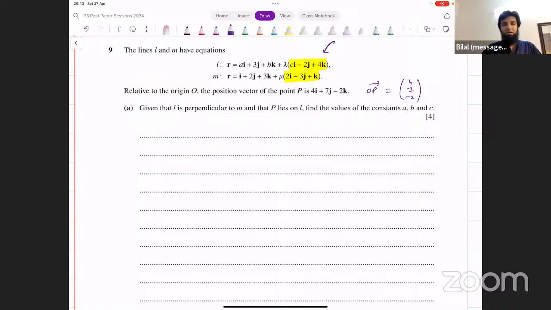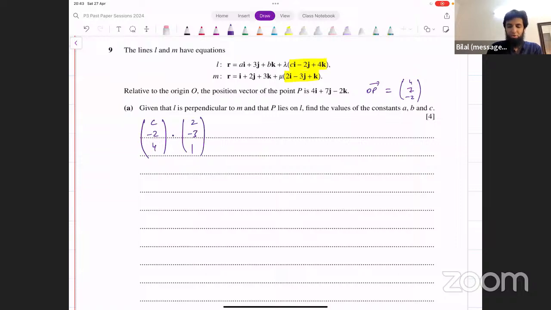Whenever we talk about two lines being perpendicular, we're basically saying their direction vectors are supposed to be perpendicular. What are the directions of the line? Let's write them in column vector form. They are c, minus 2, 4, and 2, minus 3 and 1.